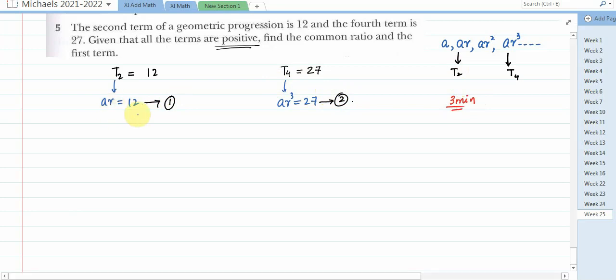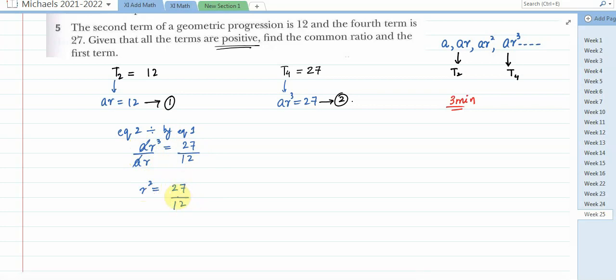So I need to divide those two equations, so I can say equation 2 divided by equation 1. Equation 2 is ar cube equals 27. Equation 1 is ar equals 12. We need to divide the equations. a and a cancel. So that will be r square equals 27 divided by 12.